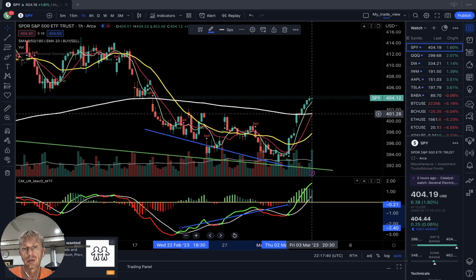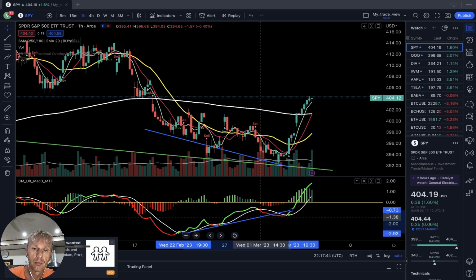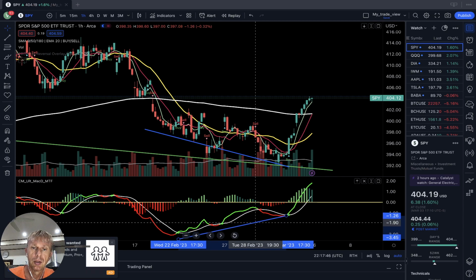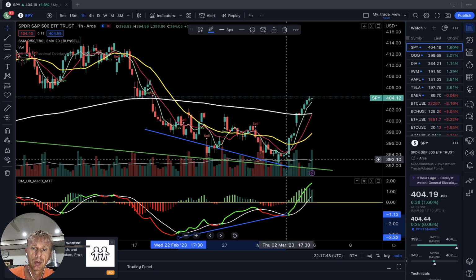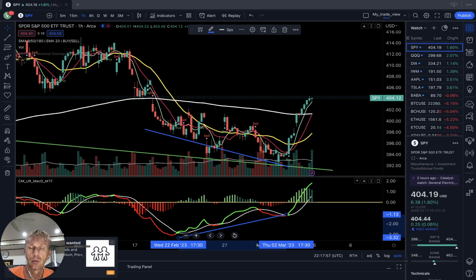Moving averages bullish. All indicators bullish. Do you see it? Before yesterday, it built bullish divergences right over here. Yesterday, I told you it was a bullish divergence. MACD was bullish, and it quickly moved to a bullish run because of the divergences.